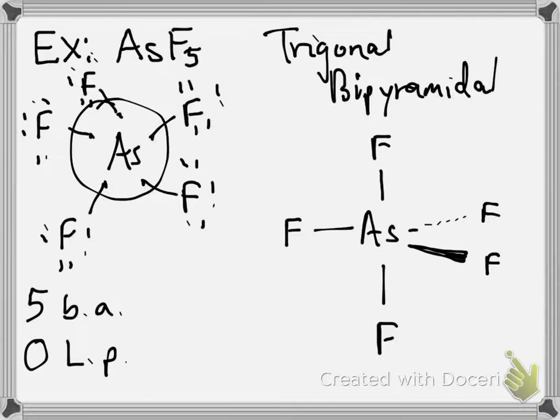Here's why you have two bond angles. The middle of this, from right here to here and to here, is the same as our trigonal planar. This is 120 degrees. But from right here to right here, or to the top, is 90 degrees. So it has both of those, 90 and 120. Like I said, it's the only one that has multiple bond angles.